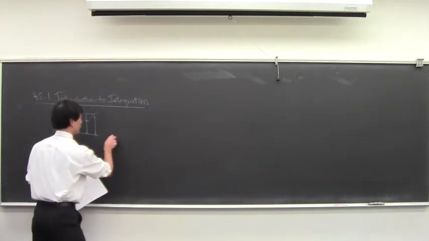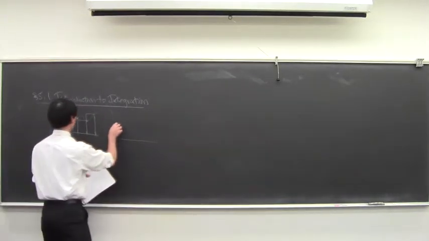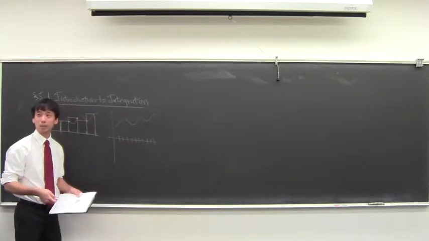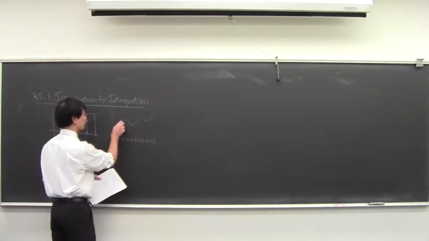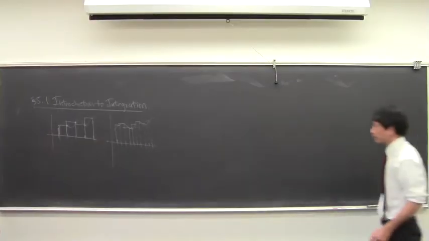So I know how to take the area of rectangles because it's just the base times the height. I'm going to do that, but the second time I'm going to take rectangles with smaller bases. Do this again.